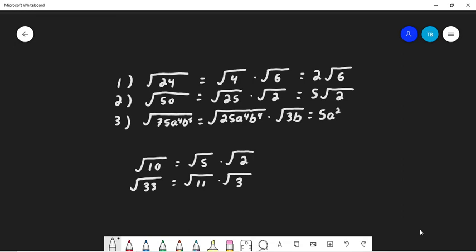And then we do the same thing with b to the fourth, divide the exponent by 2 to get b squared. And then we're still multiplying that by the second radical expression, which would be 3b. So the square root of 75a to the fourth b to the fifth is equivalent to 5a squared b squared times the square root of 3b.